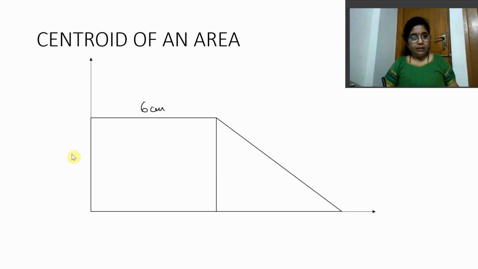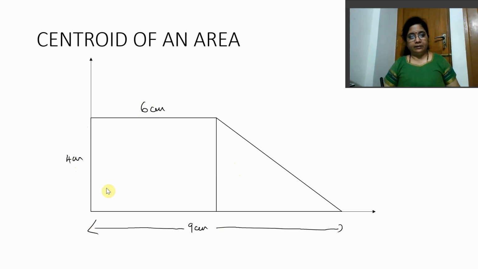This is 4 centimeter. And this entire length is 9 centimeter. If this entire length is 9 centimeter, this is 6 centimeter, we know this is going to be 3 centimeter.